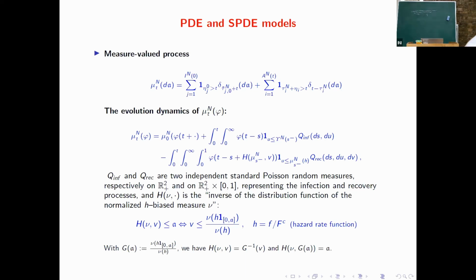This is what this function does. With this, this term describes the recovery process. So if we are given the infection intensity, this is almost like an infinite dimensional birth death process. It's very clean, and it helps a lot to analyze the measure valued process. It describes the stochastic flow using input and output processes.